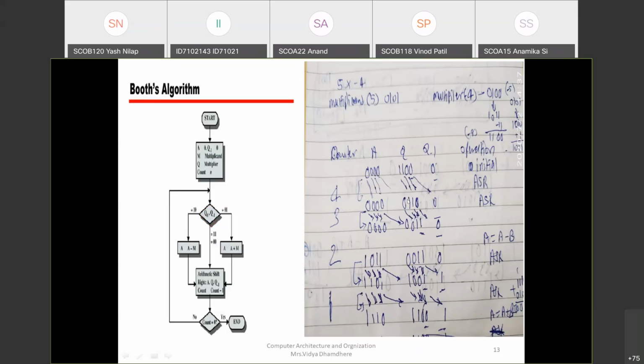Here, if you observe, initially we are getting Q0 and Q minus 1 values 0, 0. So this is the first condition, so I have done the first arithmetic right shift operation. Then again I am getting 0, 0, so again I have done it a second time. Now understand?